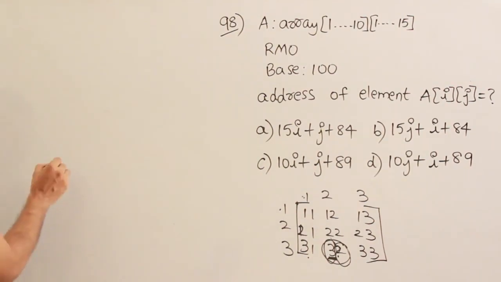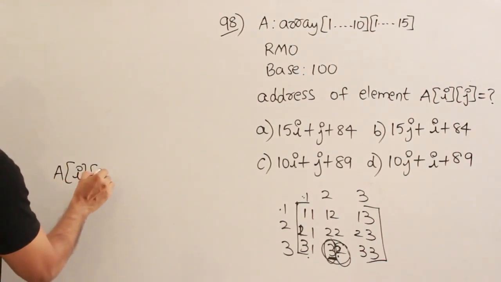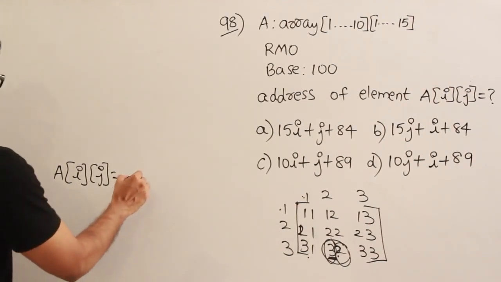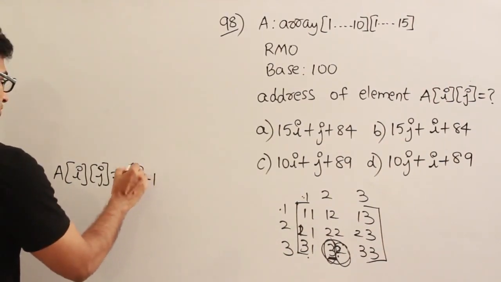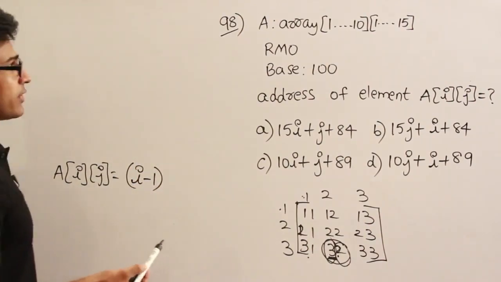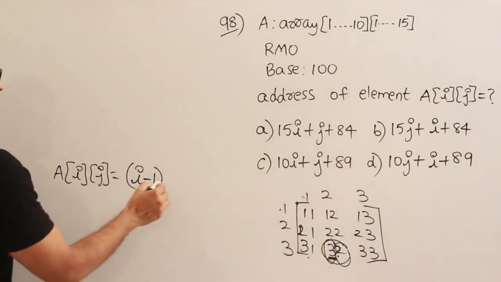Coming to this, in order to access the element A of ij, how many rows should I be crossing if the indices are starting with 1? The number of rows I should cross is I minus 1 rows. And what is the number of elements in each row? That depends on the number of columns. And how many columns are there? 15 columns.